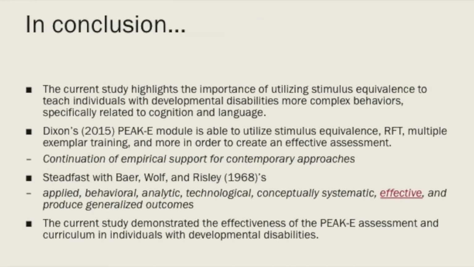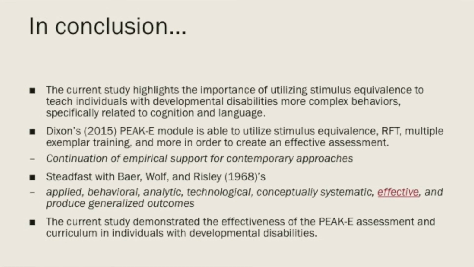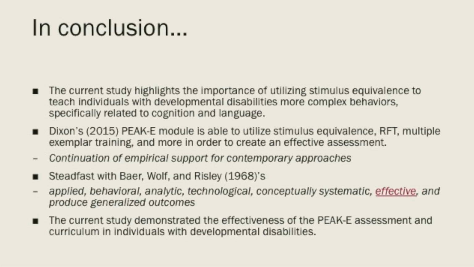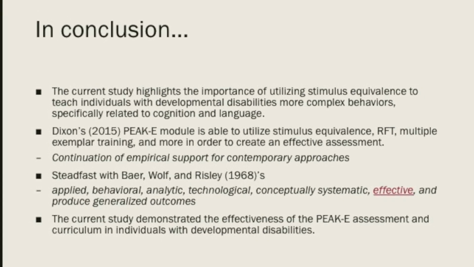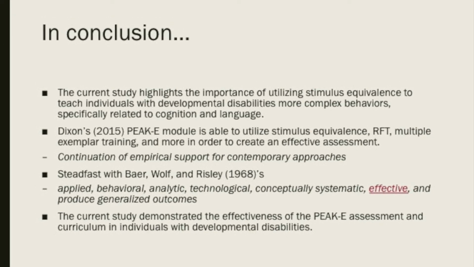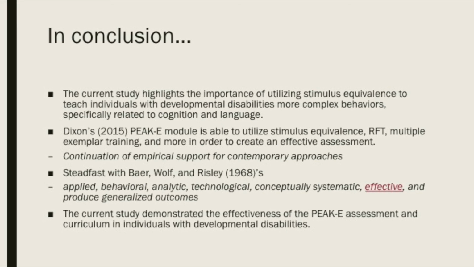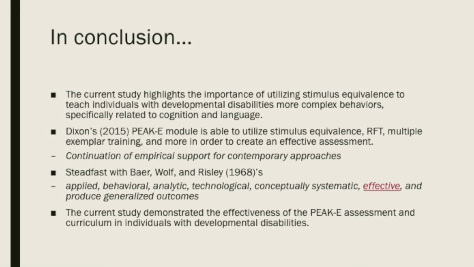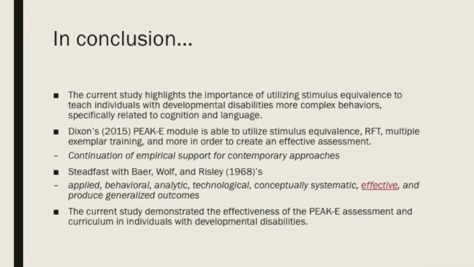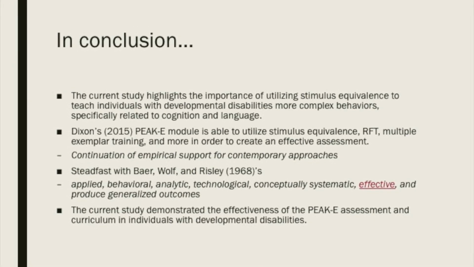In conclusion, the current study highlights the importance of utilizing stimulus equivalence and RFT to teach individuals with developmental disabilities more complex behaviors, specifically related to cognition and language. Dixon's 2015 Peak E module is able to utilize stimulus equivalence, RFT, multiple exemplar training, and more in order to create this effective assessment.